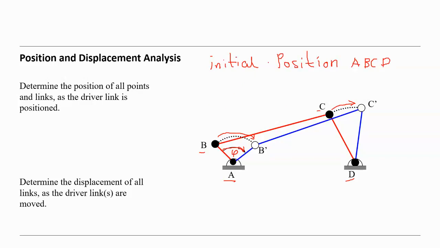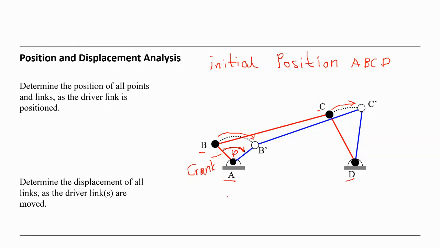And if there's a motion, which we are observing here, angular motion regarding the AB, which is the crank, we call this the crank here. So the crank moves from the position AB into the position AB prime.